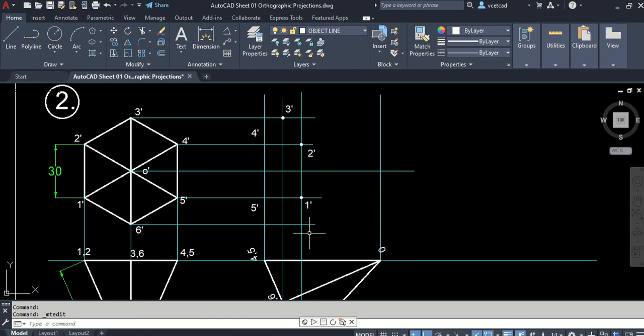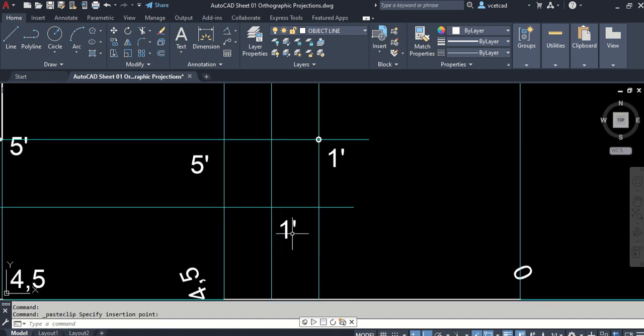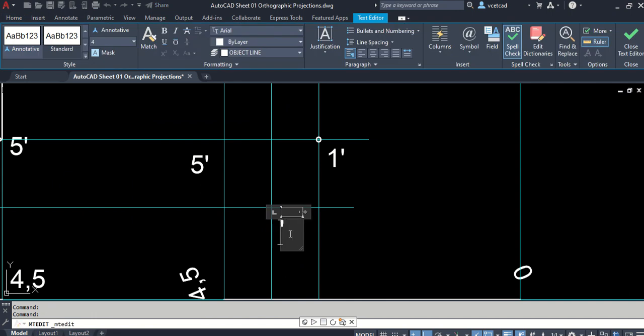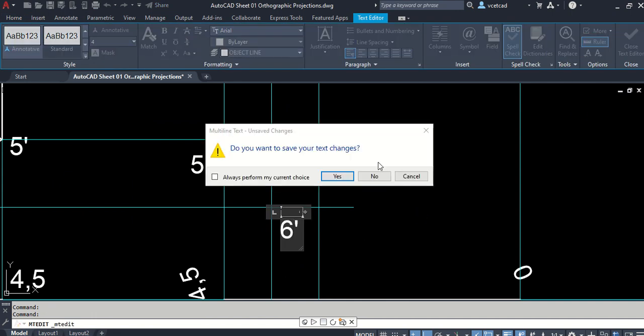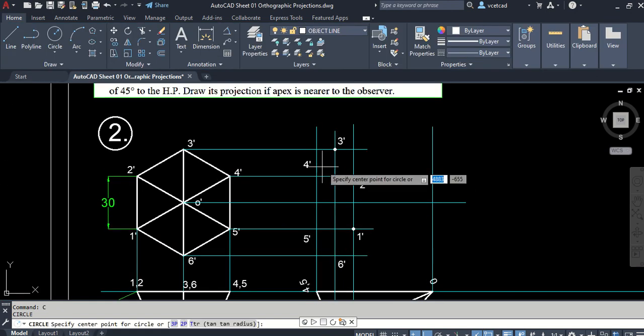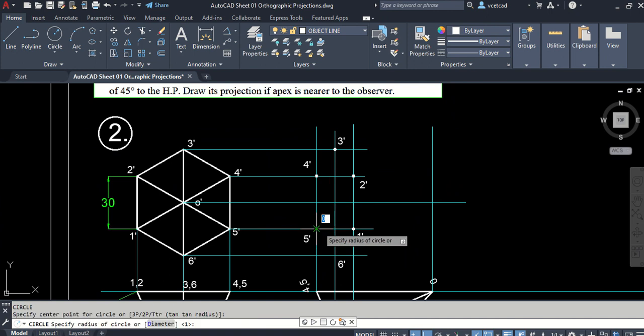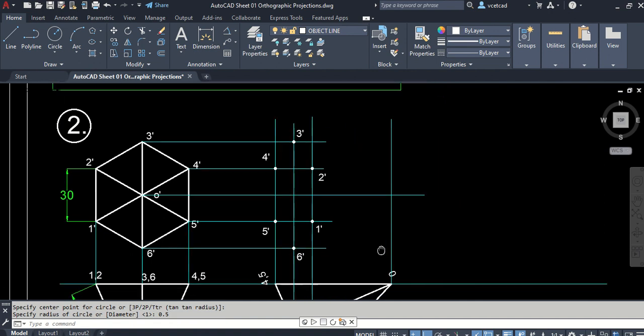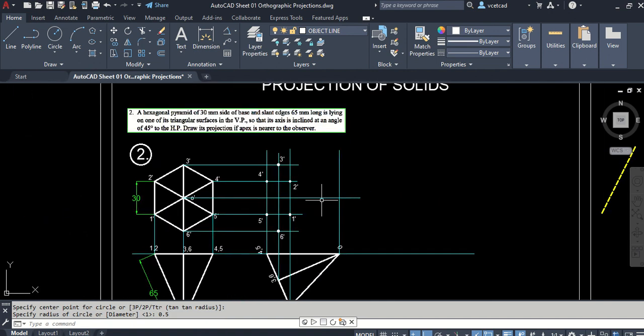Okay, and point 6 dash. Okay, so after getting those points, okay, then similarly locate O dash horizontal, O vertical.